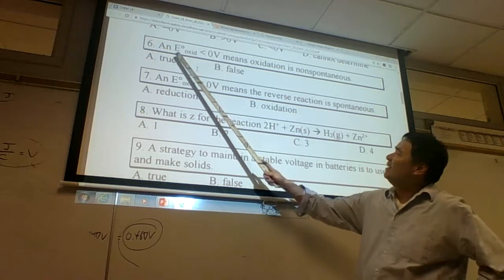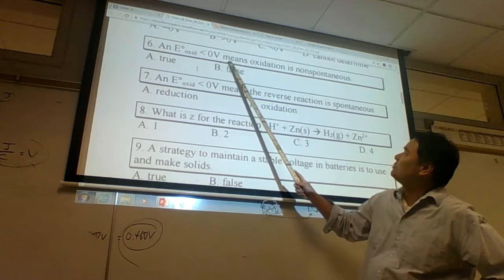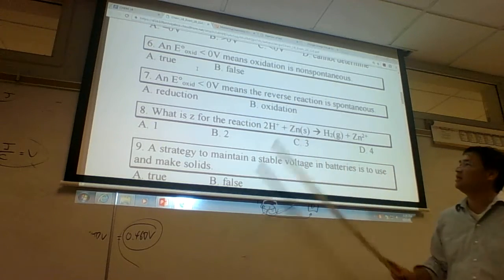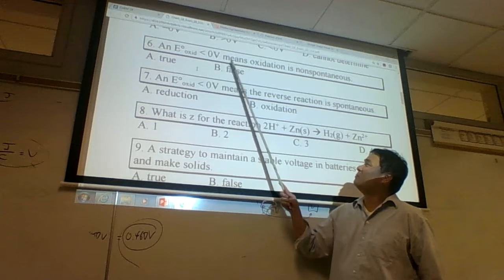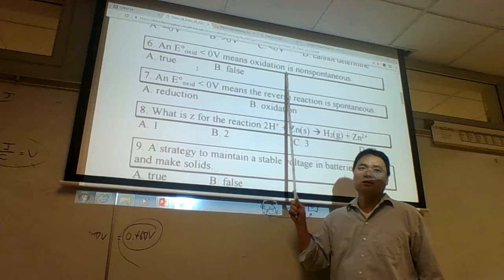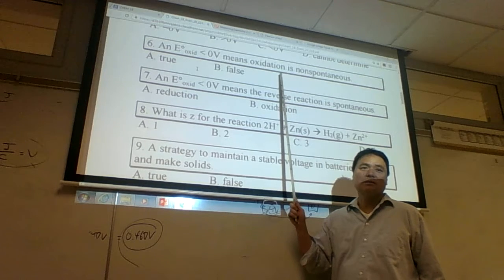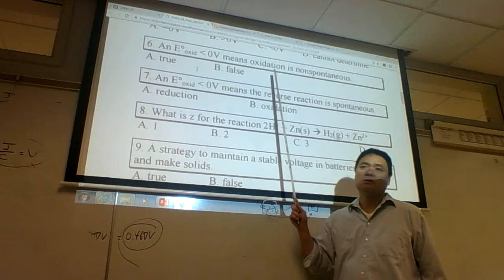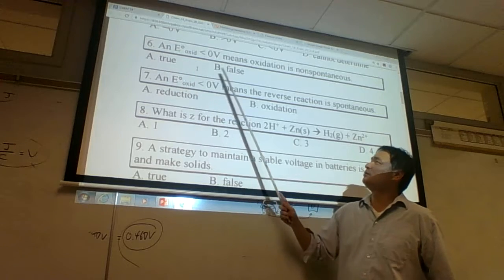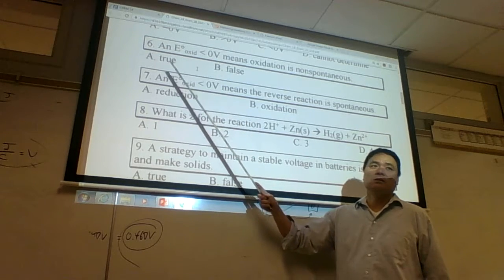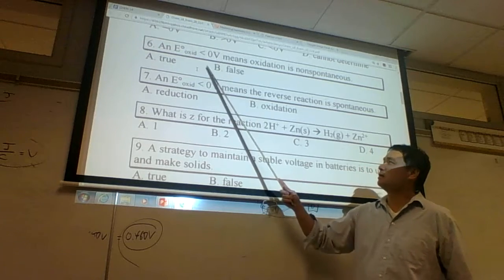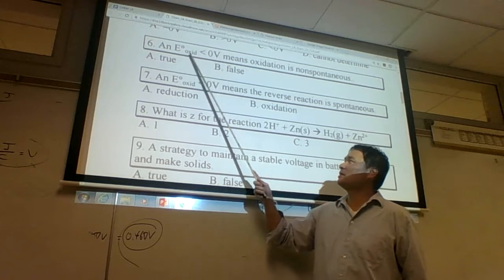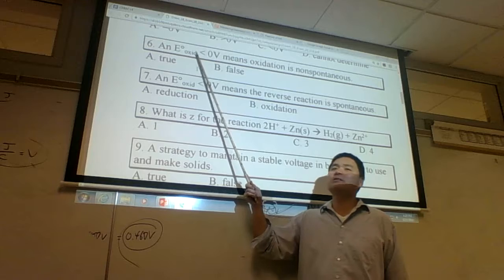6, an E naught oxidation less than 0 volts means oxidation is non-spontaneous. So if we have an oxidation potential that's negative, does that mean it's non-spontaneous? Is that true or false? Okay, false. False is correct. We don't know if oxidation is spontaneous or non-spontaneous because it depends on the other potential.